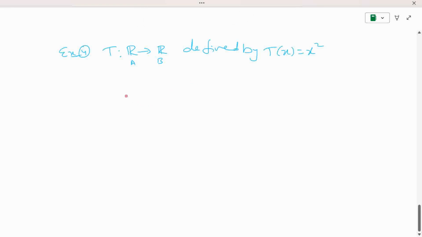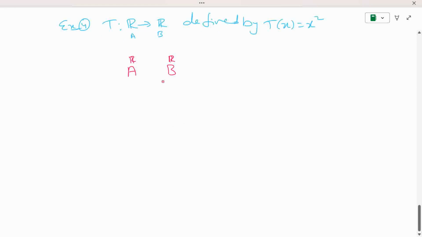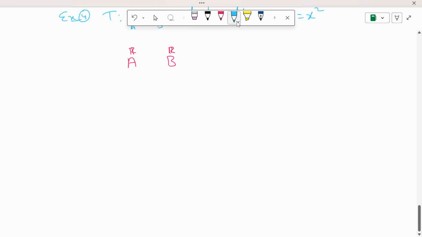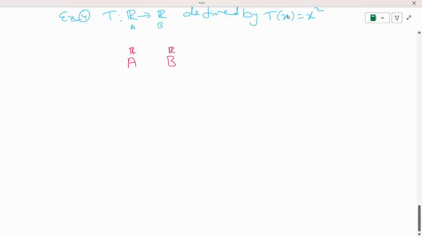Now let me write the two sets A and B, and the two sets are real numbers. If it is set B, which is real numbers, then it should have elements both positive and negative.